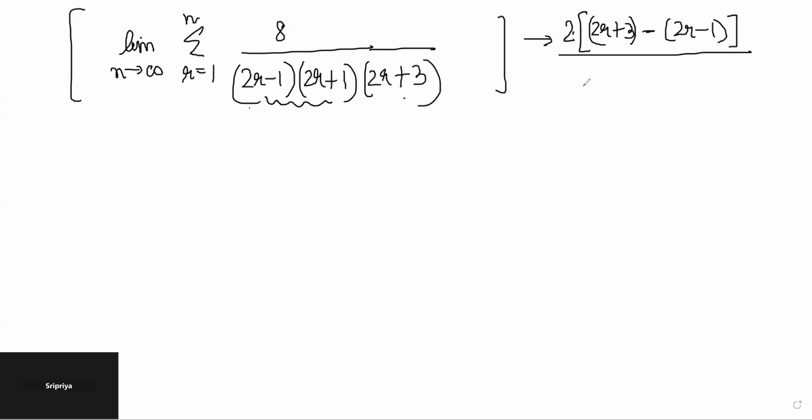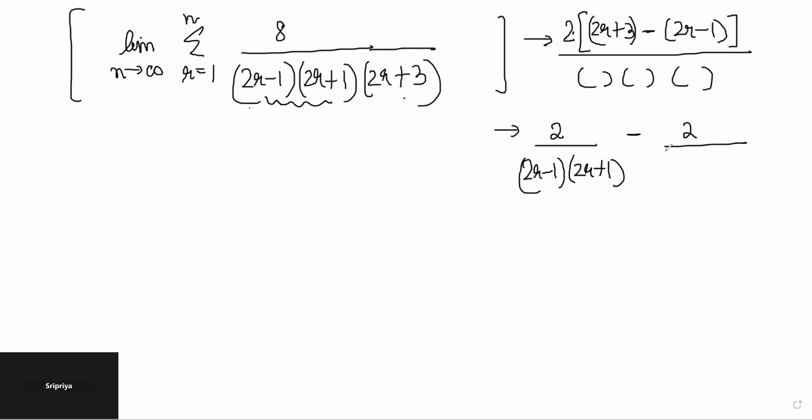So then it becomes, the denominator has all three brackets. When you split it apart, it will become 2 by 2r minus 1, 2r plus 1, minus 2 by 2r plus 1, 2r plus 3, right? It works out. Then we'll say 2 by 2r plus 1 common.